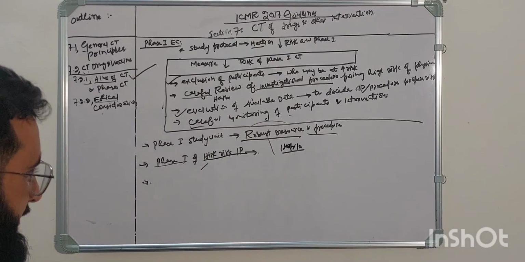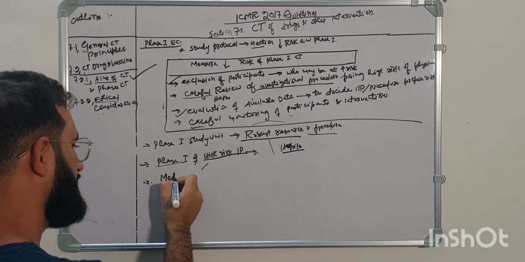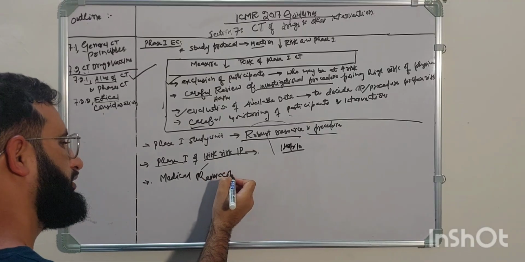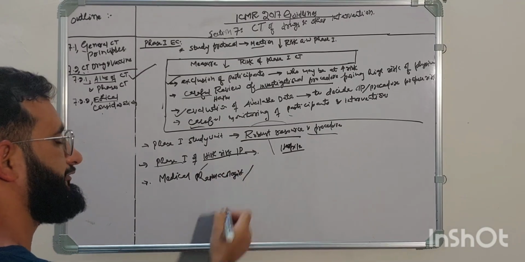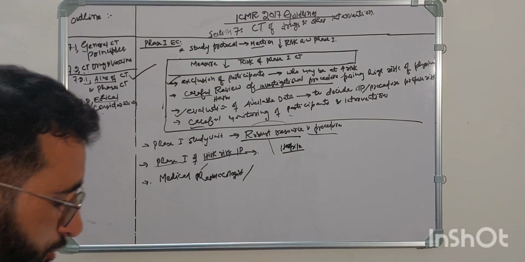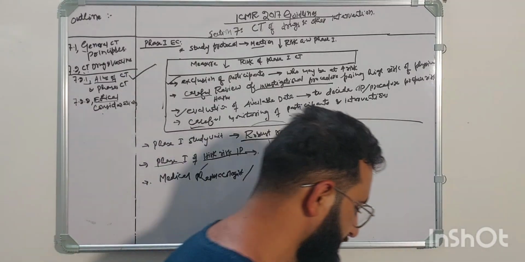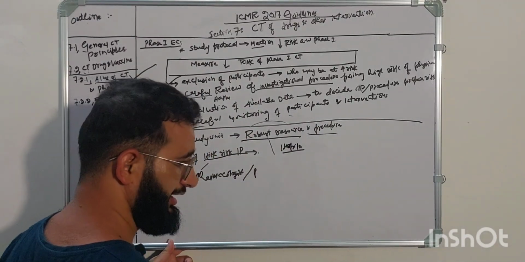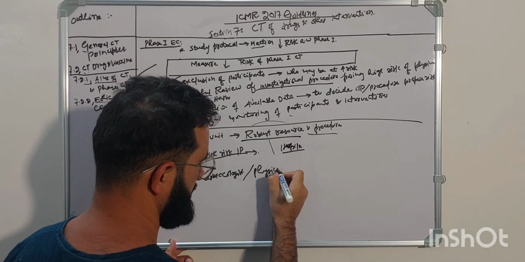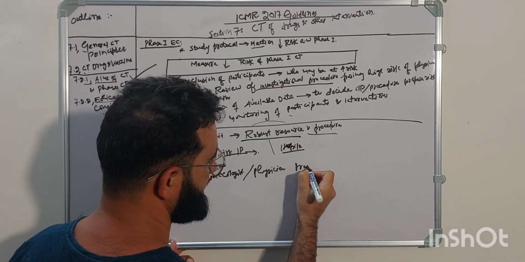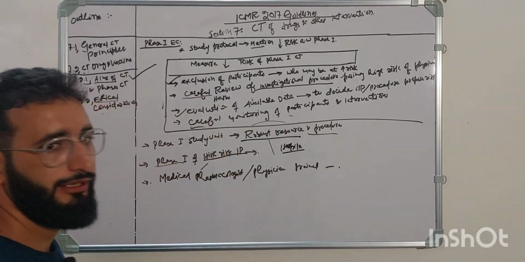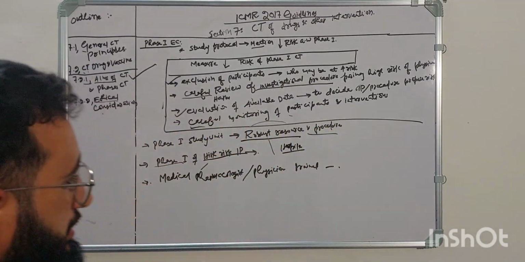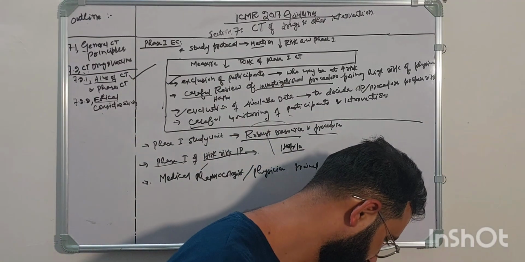And then they have written that the medical pharmacologist or physician trained in clinical pharmacology should be involved in the phase 1 trial. So the medical pharmacologist and physician trained in clinical pharmacology should be there during phase 1 clinical trial.